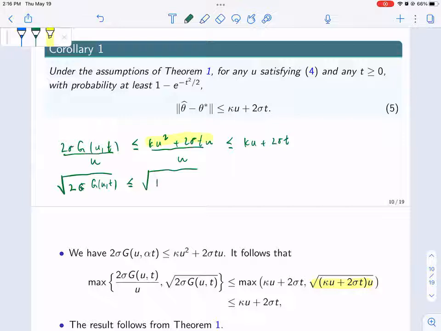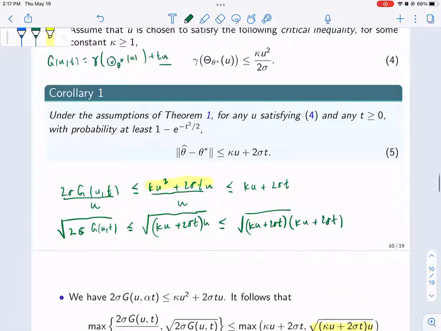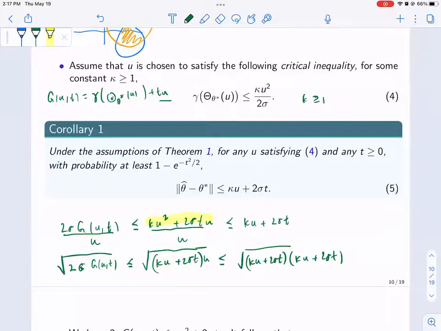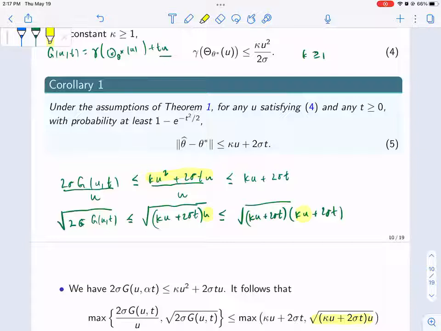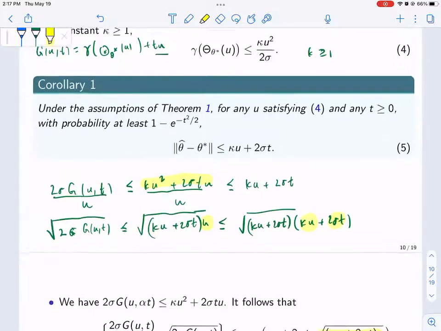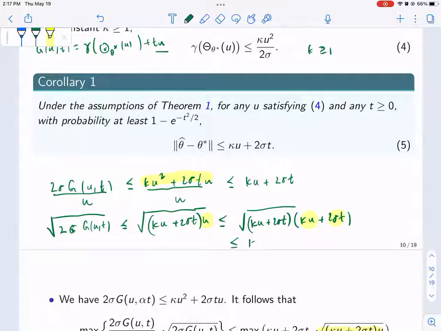You get kappa U plus 2 sigma t U, which is further bounded by root of kappa U plus 2 sigma t. I can just repeat this here because kappa is bigger than 1, let's say. So this term itself is bigger than this. I'm just adding this so that it gets bigger. So what I would get is kappa U plus 2 sigma t. So this is also bounded by that.